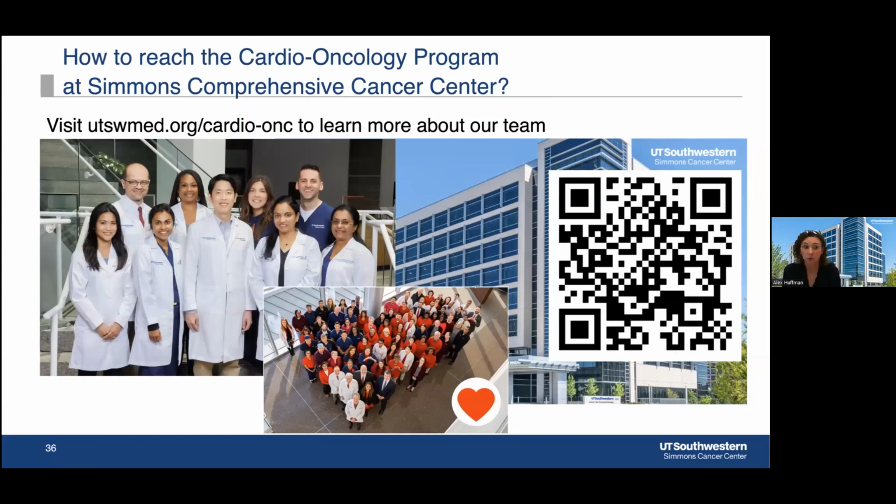And if a patient was not treated at UT Southwestern for their oncology diagnosis, could they still have a referral to the cardio-oncology clinic? Absolutely, and we have several patients who are in different stages. It is important to acknowledge that cancer trials can be happening in different centers, and there are different opportunities to get the best cancer treatment at different times.